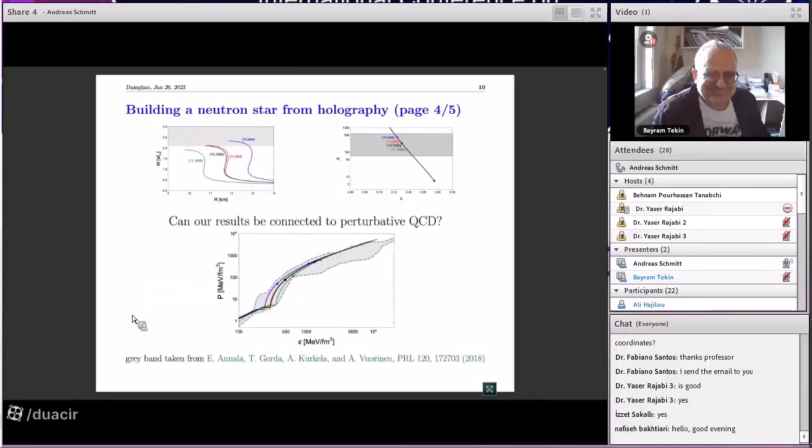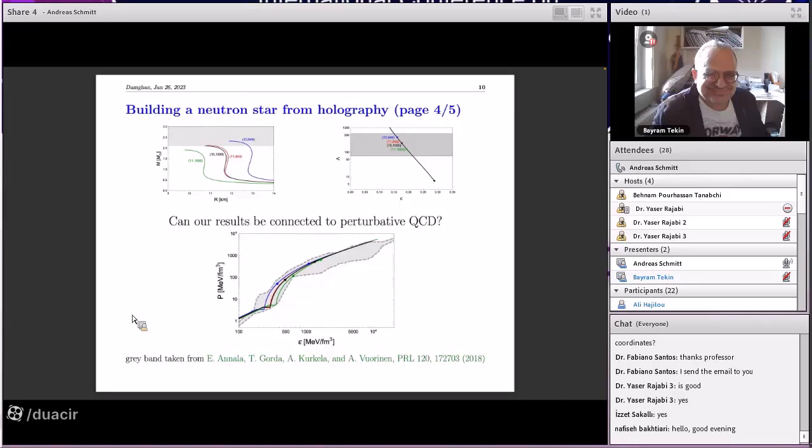As a reminder, I've just repeated these plots at the top here, and at the bottom, this is more of a theoretical aspect. Our equations of state, or pressure over energy density, from the 4 cases just discussed in the same colors, are plotted here and compared with a band taken from the reference at the bottom of your screen, which interpolates between perturbative QCD at extremely high densities, upper right corner of the plot, and current effective field theories for nuclear matter at the lower left corner of the plot.